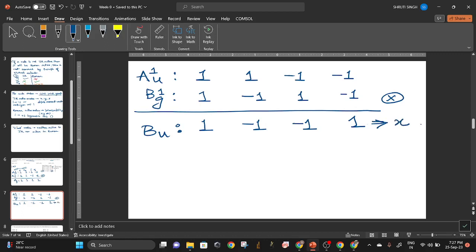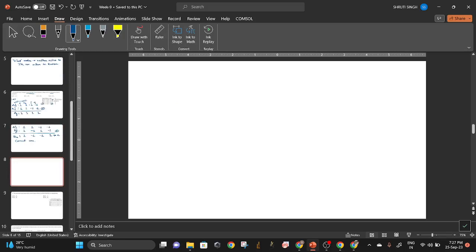X is transformed according to the Bu mode. So this is the correct answer. We can also check the others quickly.